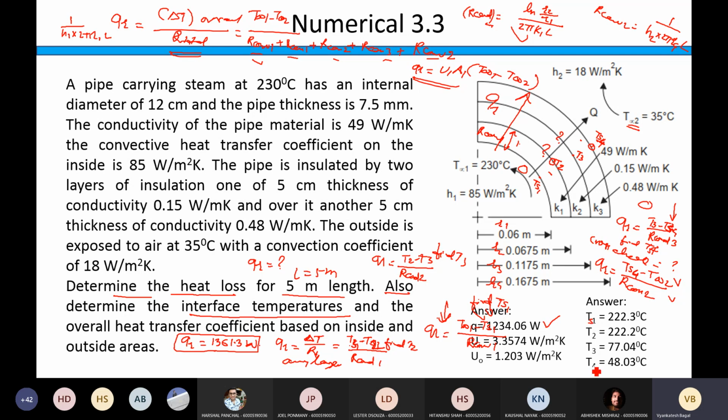This is TS1, this is TS4 as per our notations. Hello. Are you getting the UA value? Sir, I'm trying.